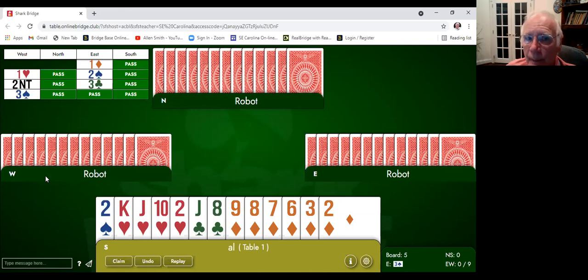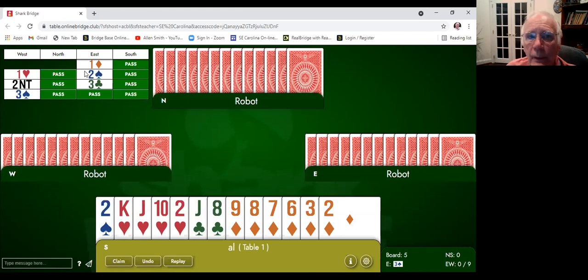It's saying he's got 7 to 8 points and potentially 3 to 4 spades. And generally, it's going to be 3 spades. Okay, so let's go ahead.